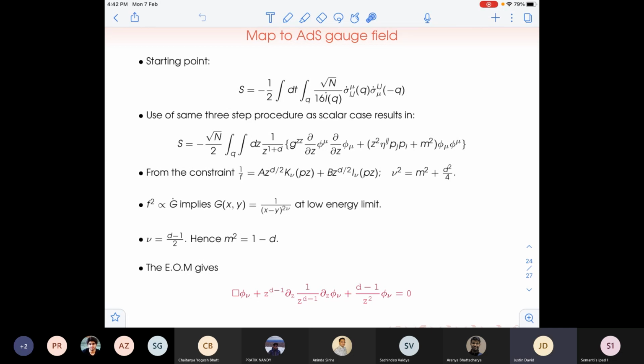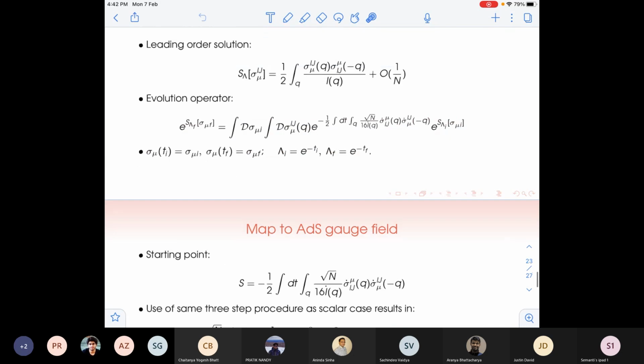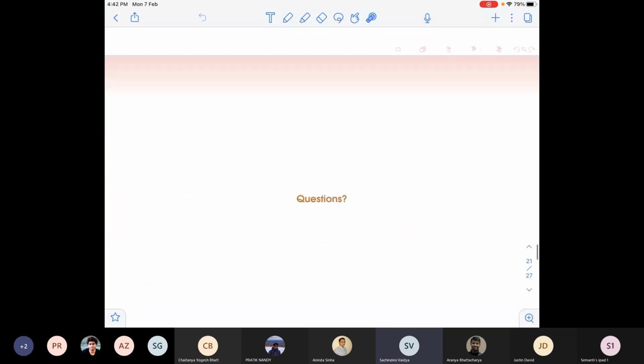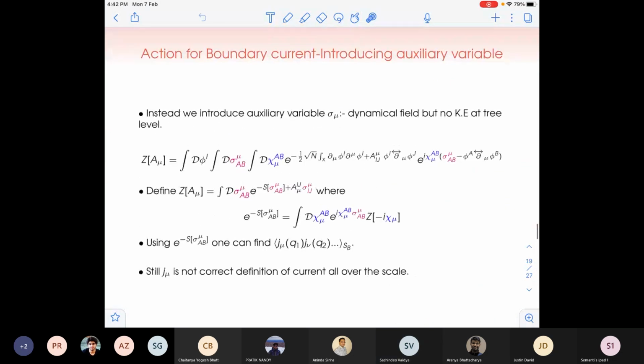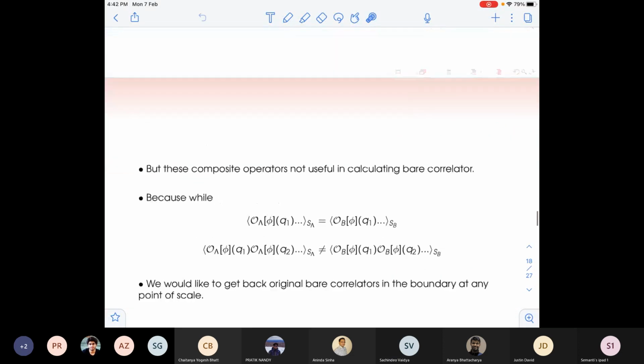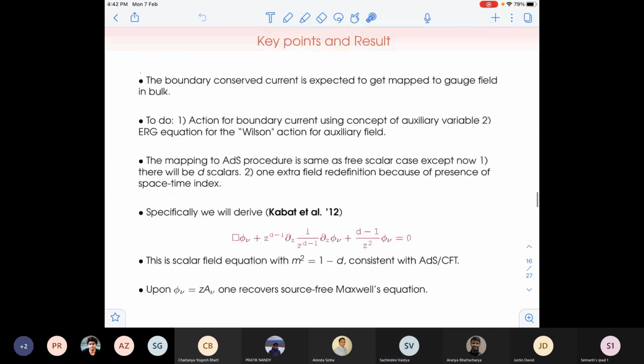No, from Maxwell's equation, if you fix the gauge, you get this. But if you do the opposite, like the map is this one, instead of this what Kabat did, then you recover the Maxwell equation.